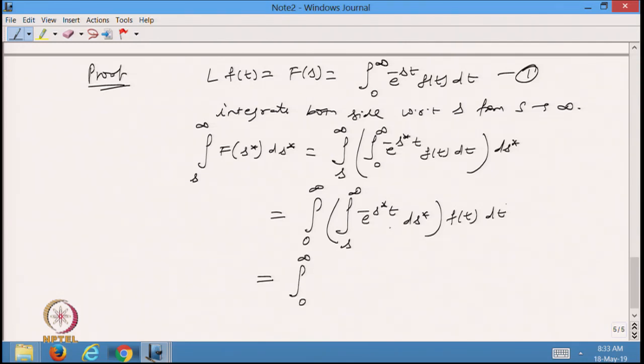From here, I am taking the integration with respect to s*. So, if I take the integration, it will be e raised to the power minus s* t divided by minus t, because I am integrating with respect to s*, and then putting the limit from s to infinity, times f(t) dt.